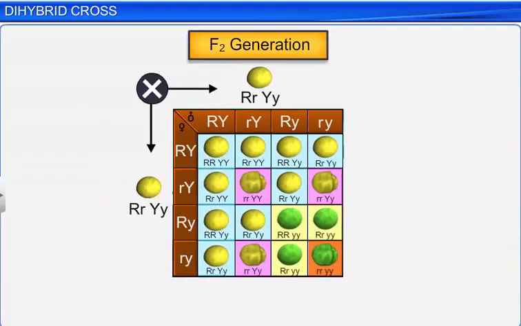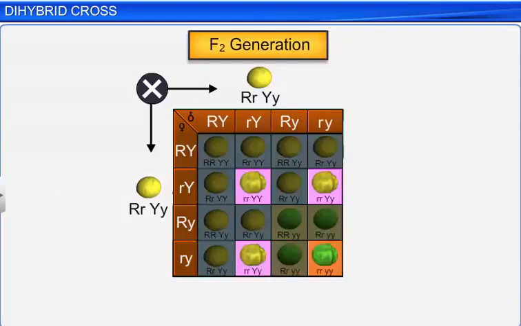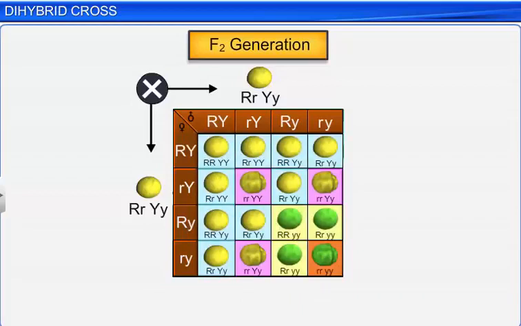Therefore, the yellow and green color had segregated in the ratio 3:1, similar to the results obtained in a monohybrid cross. And the round and wrinkled shape had segregated in the same ratio 3:1.